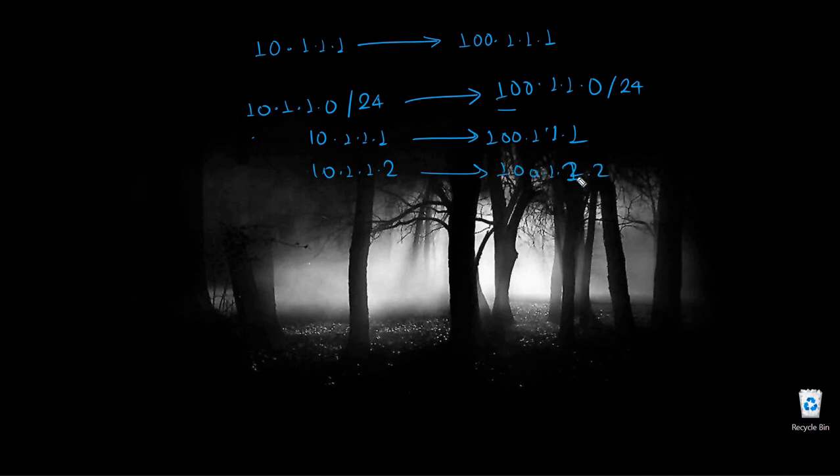So that's how it is happening, like one-to-one mapping. And similarly, if I go to the bottom, 10.1.1.254 is mapped to 100.1.1.254. Perfect. Does that make sense?